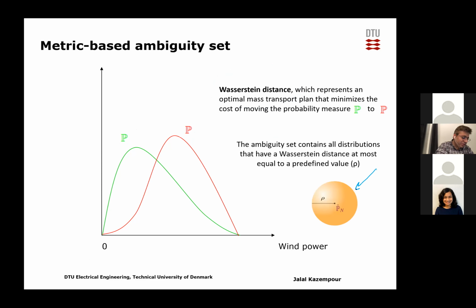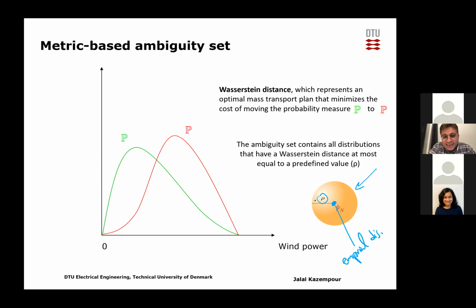So this is our ambiguity set based on the metric-based approach, using the Wasserstein measure. The center is our empirical distribution, which could be a set of points, a data set. Then using the Wasserstein distance, we have rho, which we call the radius, and it's a given.